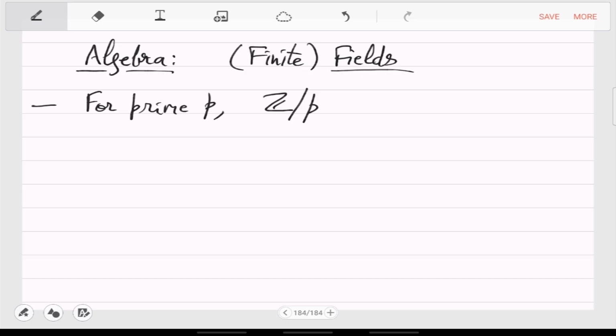So you can do addition here, you can multiply here in the set. Did we also see division? We also saw division, right? Because if you take any element A in this, A inverse exists, 1 over A exists. So you can also do division, except for A equal to 0, of course.